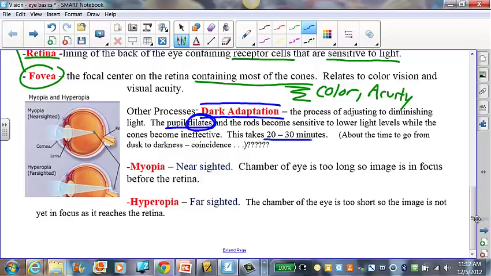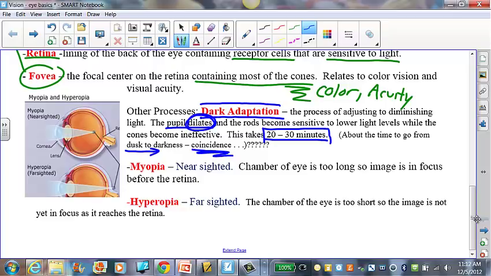And this takes about 20 to 30 minutes, which is actually about the same amount of time it takes to go from dusk to darkness. Probably not a coincidence. This is, evolutionarily speaking, an advantage for us to always be maximally sensitive to how much light there is.